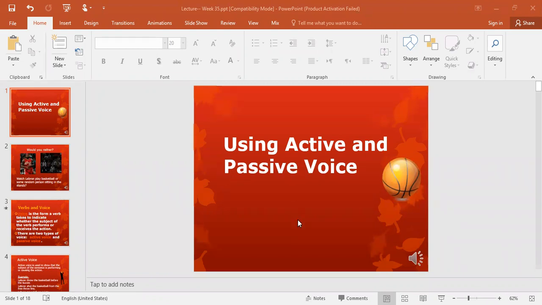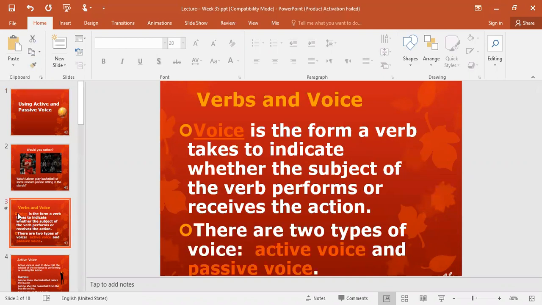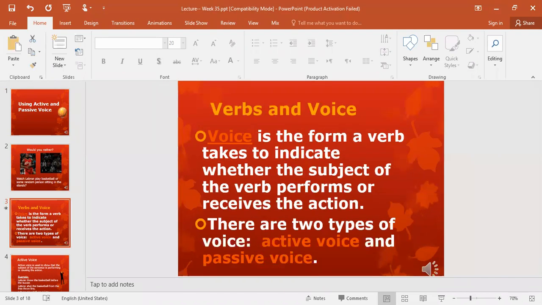Today we are going to start with a new grammar lesson, which is the active and passive voice. This lesson is one of the most important lessons. So we are going today to learn what we mean by an active and a passive voice.